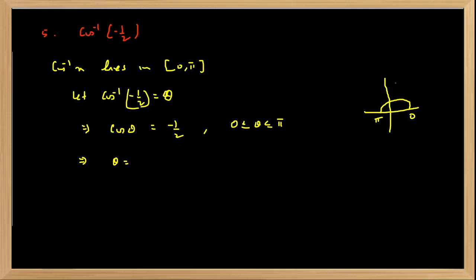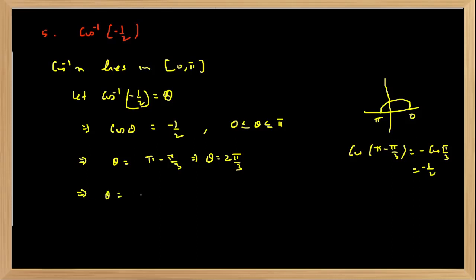Second quadrant में cos theta minus half होगा. तो second quadrant में एंगल आते हैं pi minus pi by 3. Remember, cos of pi minus pi by 3 will be minus cos pi by 3, so minus 1 by 2. So theta is equal to 2 pi by 3, in the second quadrant, so we have written pi minus pi by 3.